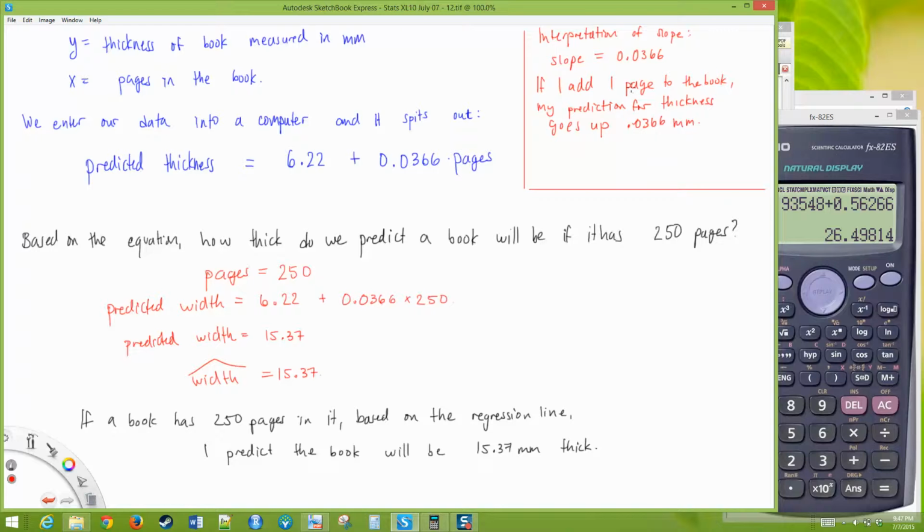So it's very important to keep in mind what x represents. X is not the hand length; in this case, it's the number of pages in the book. So to add 1 to x means the number of pages goes up by 1.